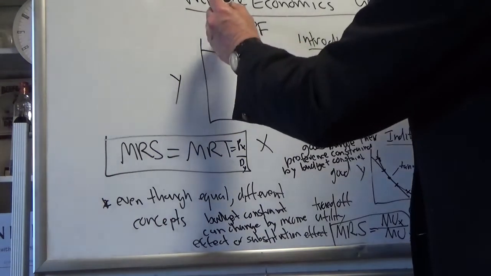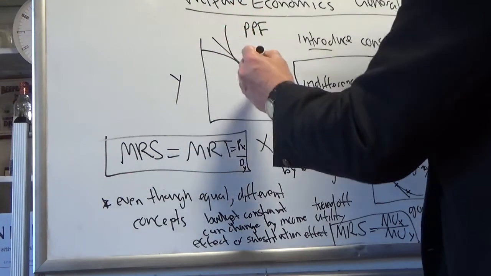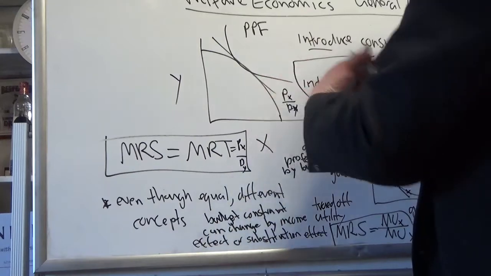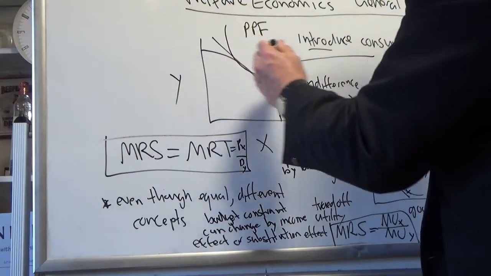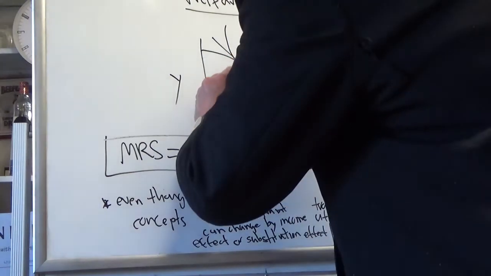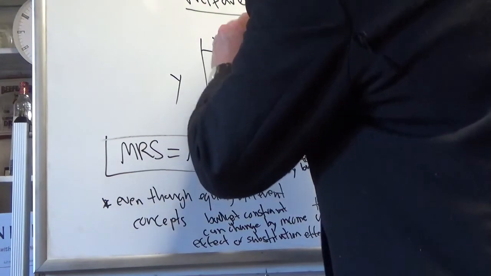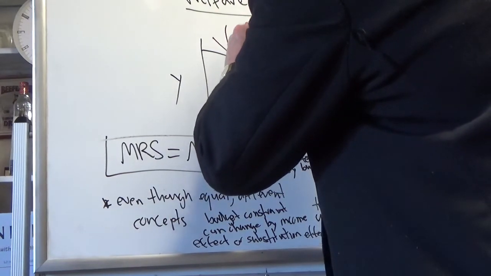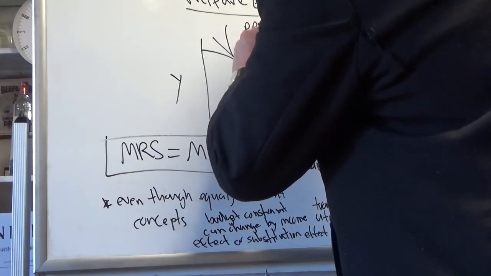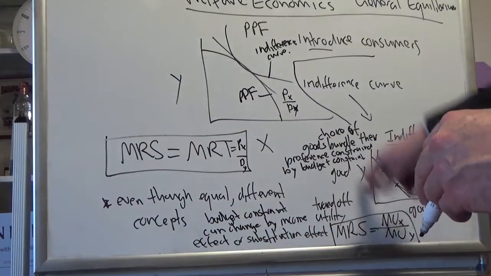If we draw an indifference curve for the consumers against the PPF and also the price ratio, so we're introducing consumers with a utility curve in the PPF. That's PPF here, and that's indifference curve. Remember that indifference curve is MUX over MUY.